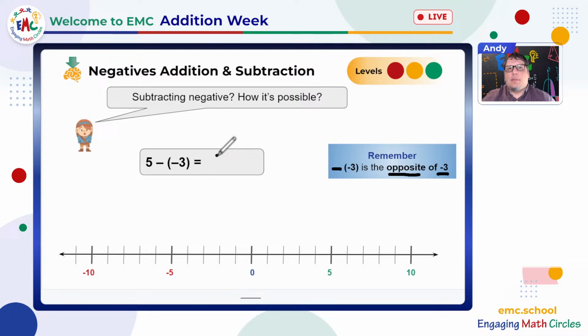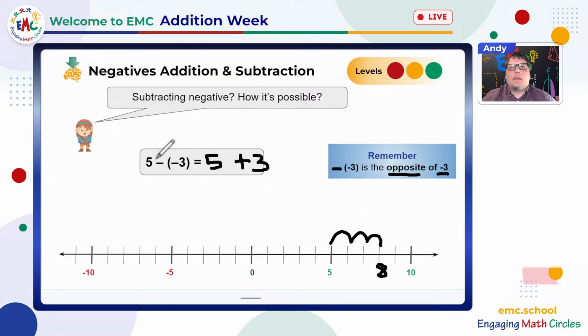So this is the same as 5 plus 3. If I'm taking away a negative, it's like I'm adding a positive. Okay, so 5 minus -3, I'm actually going to go right 3 and get 8.